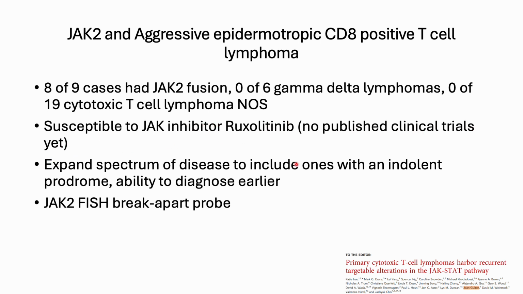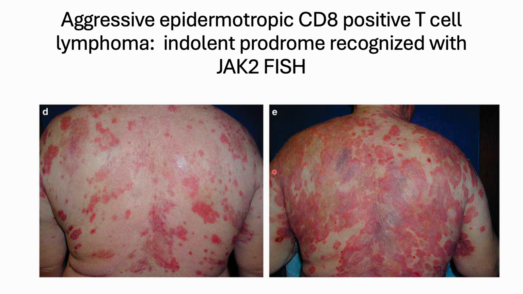And it also opens up the possibility to expand the spectrum of disease to include cases with an indolent prodrome, so that we can diagnose the disease earlier. And here is an example of a patient with aggressive epidermotropic CD8 positive T-cell lymphoma who did indeed have an indolent prodrome.